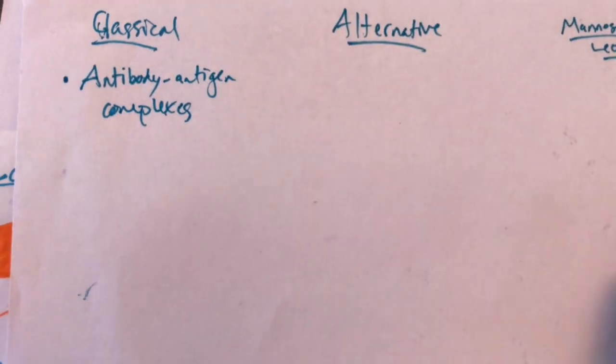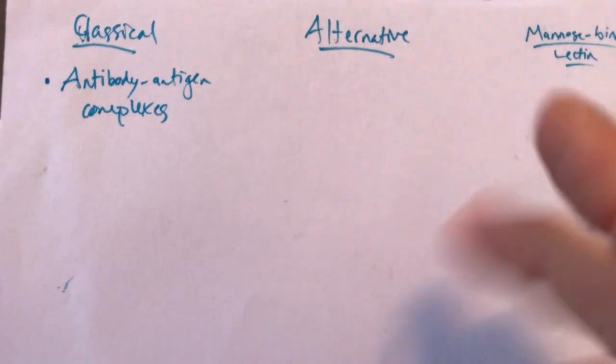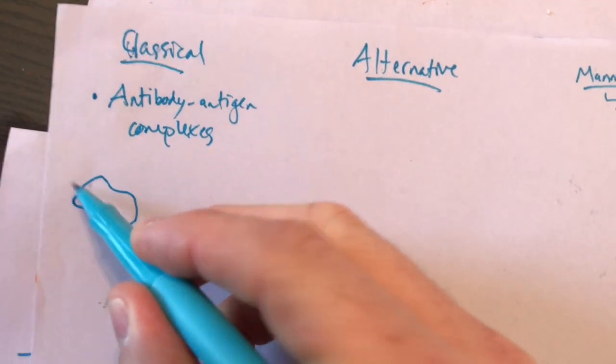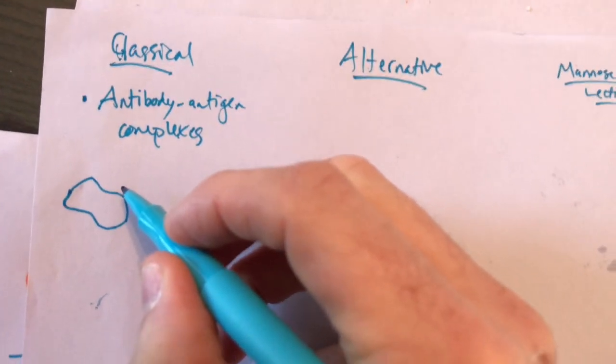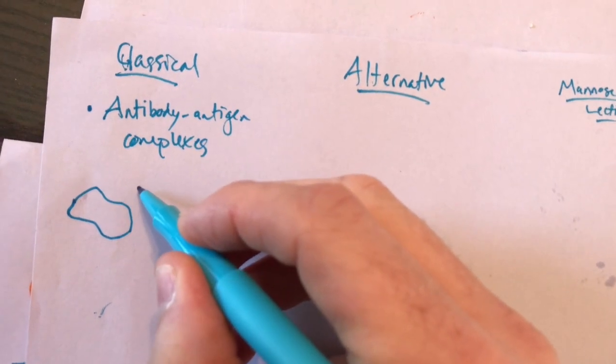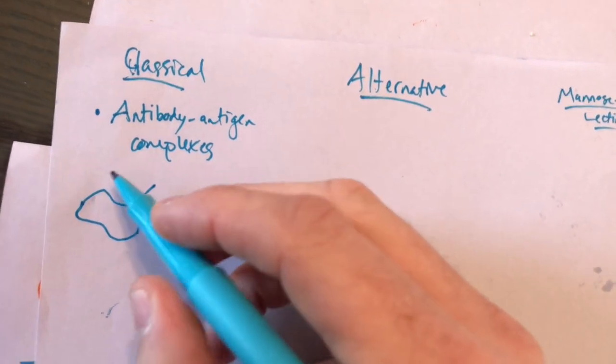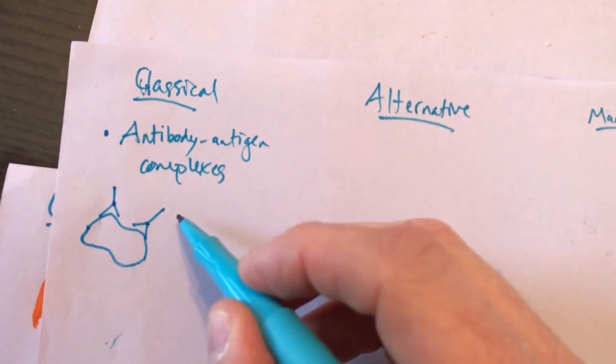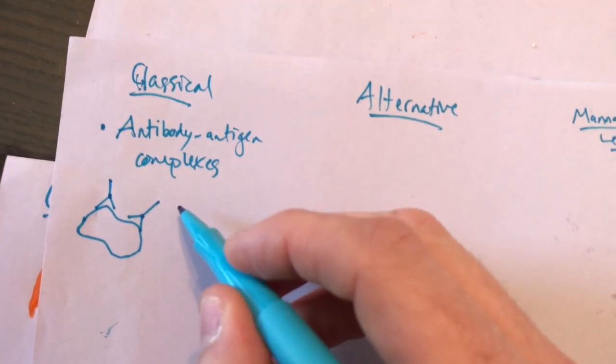So whatever the pathogen of interest is, eventually or somehow in the body, you will have antibodies that are capable of recognizing the surface of it. And as those accumulate, the constant region of the antibody will promote the complement system.